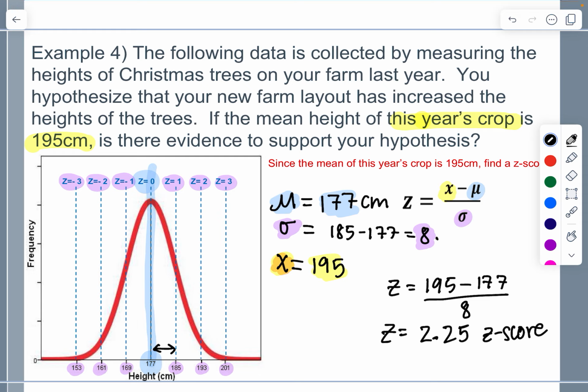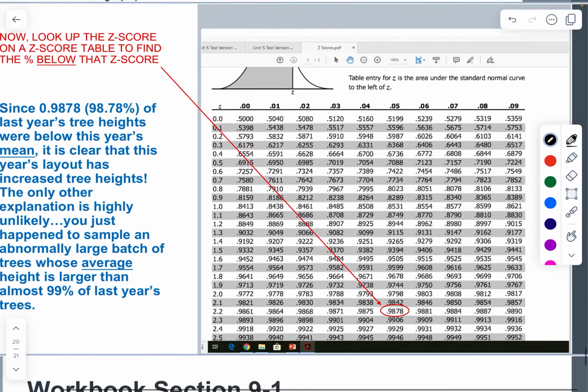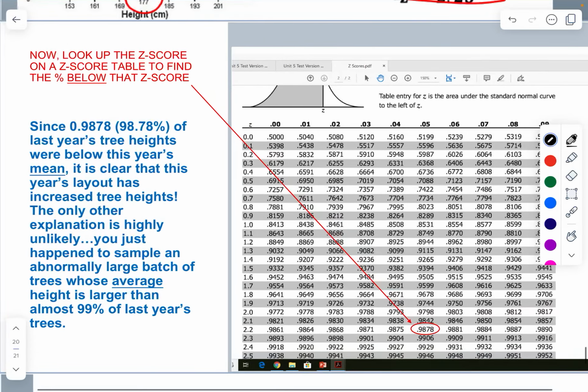And if we go to our z-score table, 2.25, which is over here, so here's 2.2 right here, 2.20, 2.21, 2.22, 2.23, 2.24, 2.25, we get 0.9878, right?